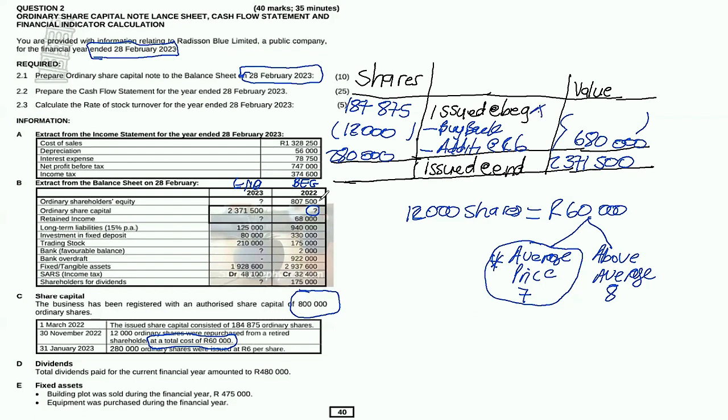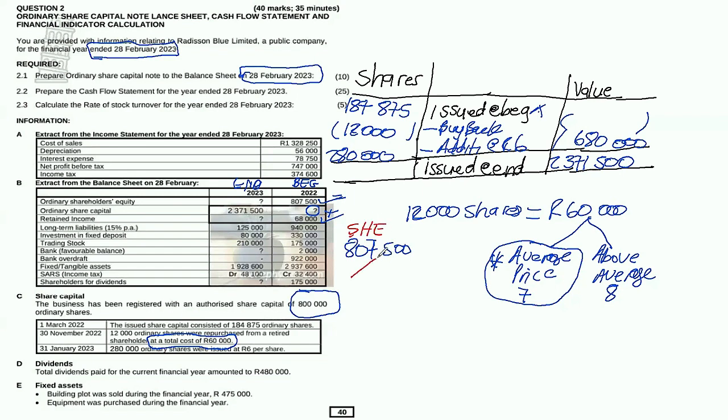So our value at the beginning here, we have shareholders' equity, and then we also have our retained income. So remember, ordinary share capital plus retained income is equal to shareholders' equity. So now we have 807,500 as shareholders' equity, right?